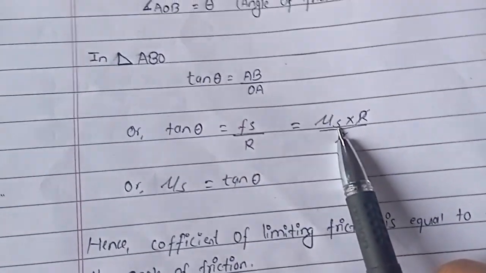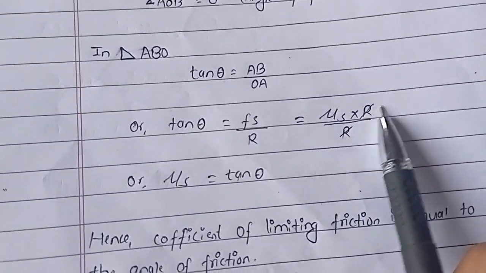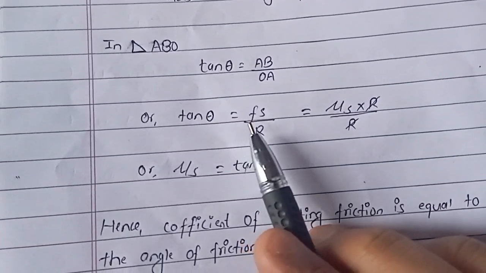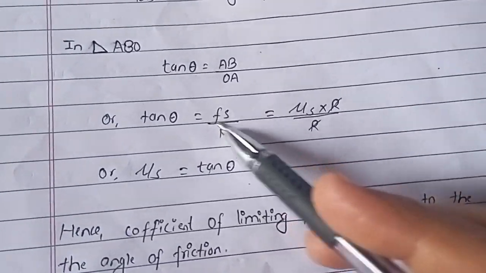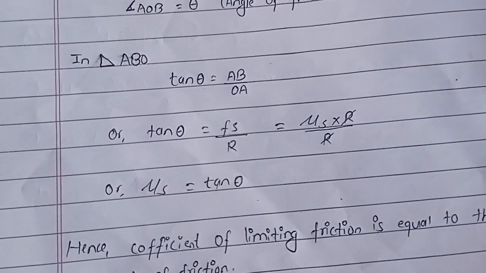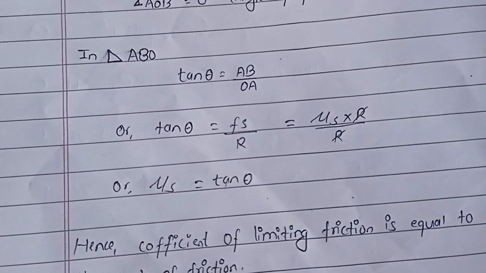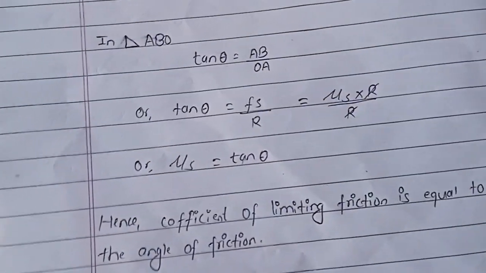This equals mu s into R upon R. What is the formula? Fs equals mu s into R. Since Fs is equal to mu s times R, mu s equals tan theta. Mu s is equal to tan theta.